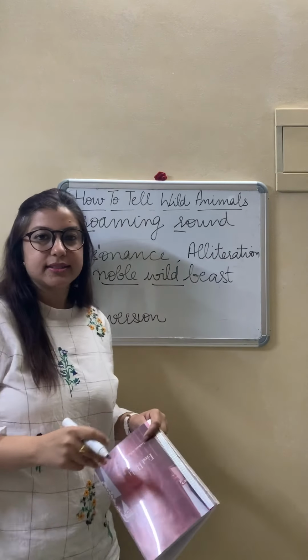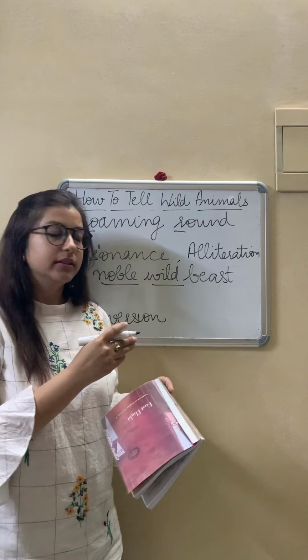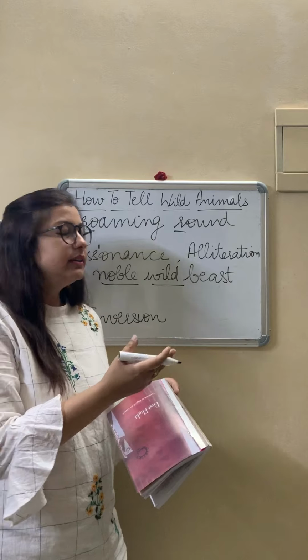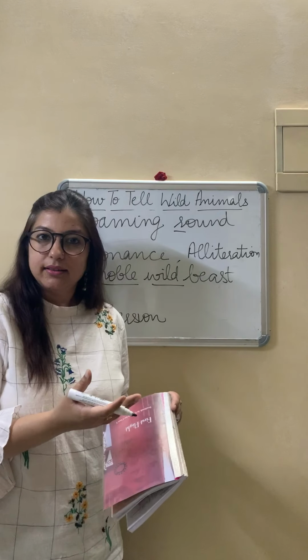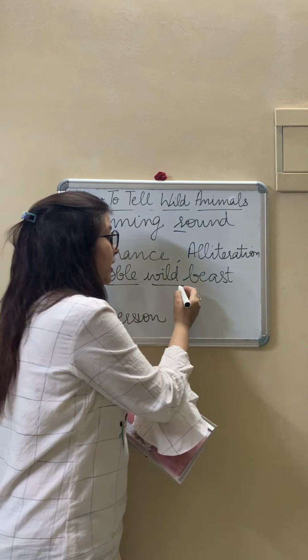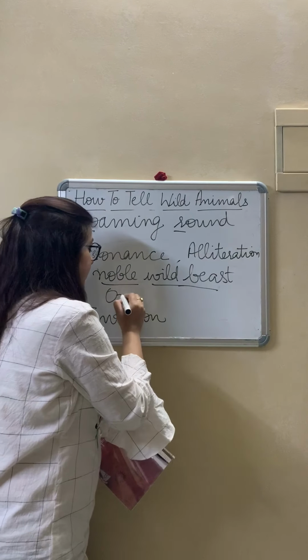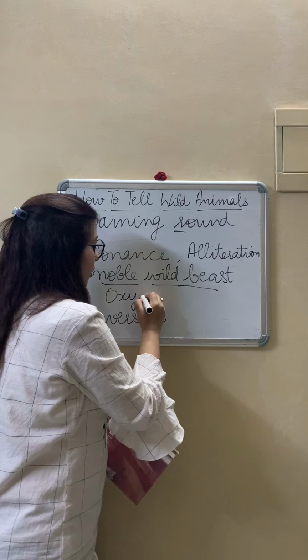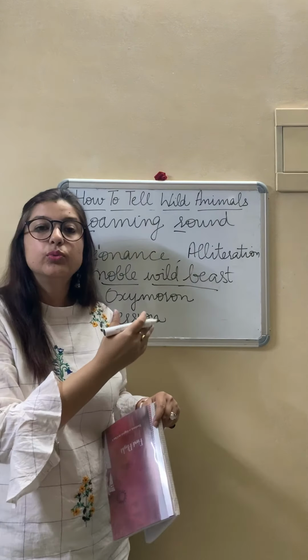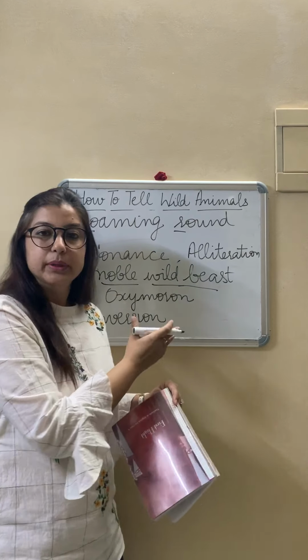I won't say they are, but they present an opposite idea. A beast who's noble, a wild beast who is noble. So this we can say is an example of oxymoron, because two contrasting words meaning opposite have been used together.